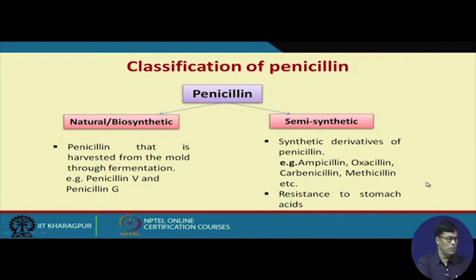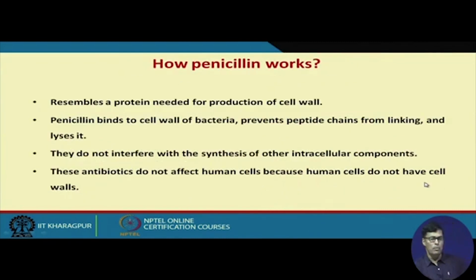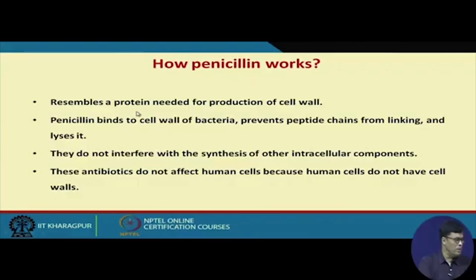Now the question comes, how does penicillin act on the pathogenic organism that causes the wounds? It is very interesting. Its structure resembles the protein needed for cell wall formation.